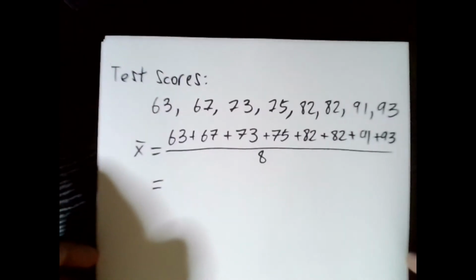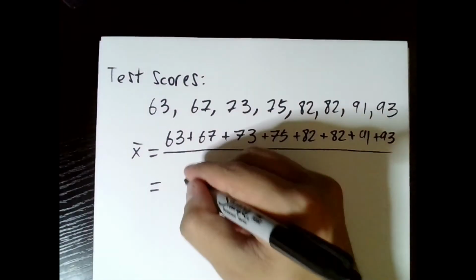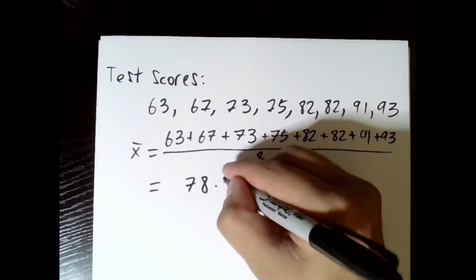I'll do that in my calculator real quick. You can do that as well. So we have 63 plus 67 is 130, plus 73 plus 75 plus 82 plus 82 plus 91 plus 93. Divide that whole thing by 8, and we get a final result of an average score of 78.25.